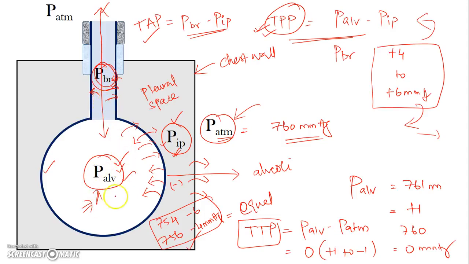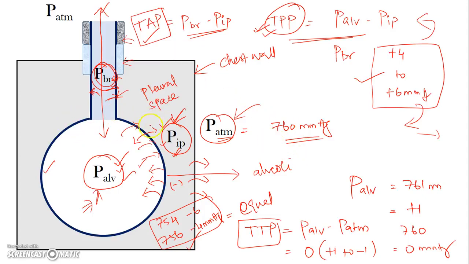The alveoli are susceptible to changes in the intrapleural pressure, which can expand or decrease their size. Similarly, the smaller airways, which are not supported by cartilage and bone like the upper airways, are also susceptible to changes in the intrapleural pressure. So this difference is called the trans-airway pressure.